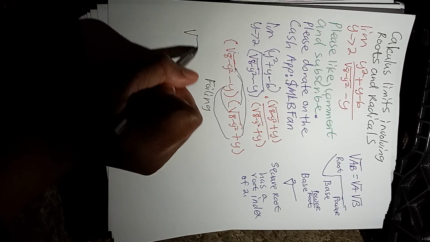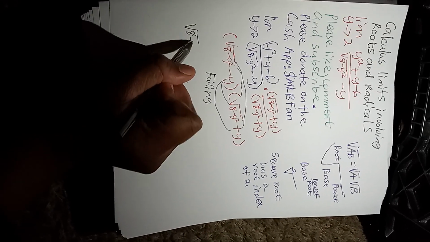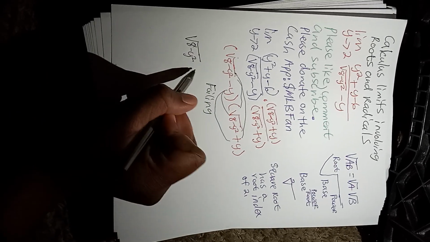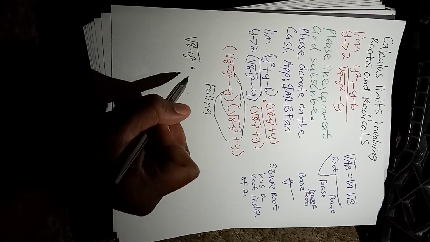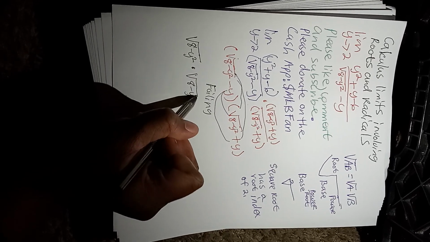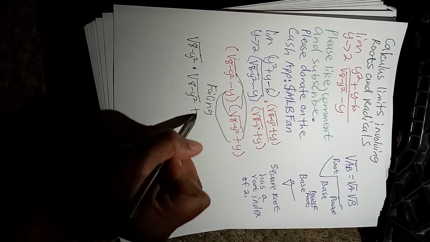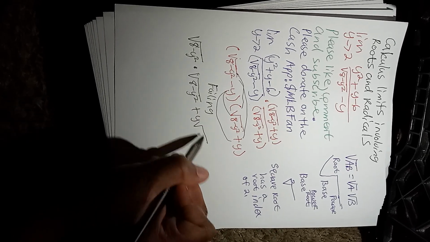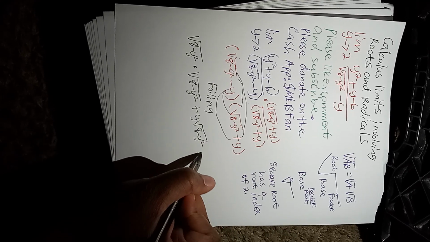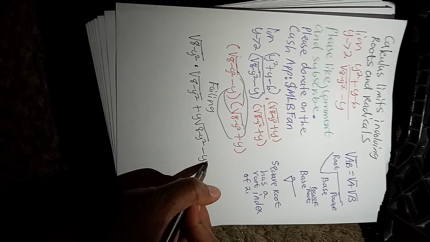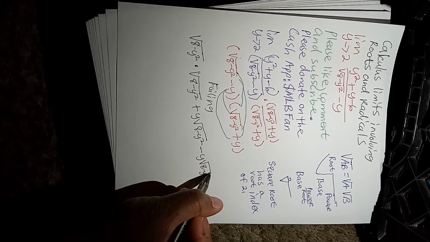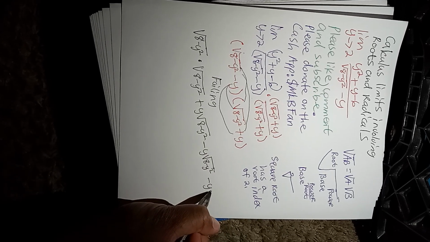So it's going to be the square root of 8 minus y squared times the square root of 8 minus y squared, plus y times the square root of 8 minus y squared, minus y times the square root of 8 minus y squared, and then minus y times y.